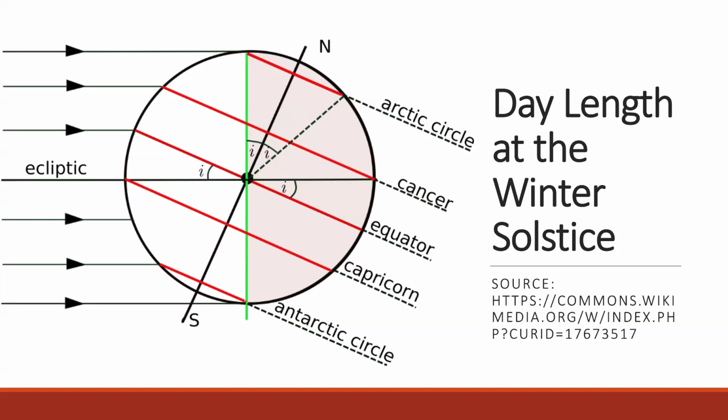All right, so the combination of latitude and the tilt of the Earth is going to cause these major differences at different latitudes and what happens during different seasons of the year, and those contribute to the climate at those geographic locations.